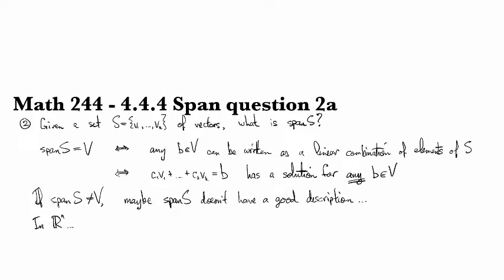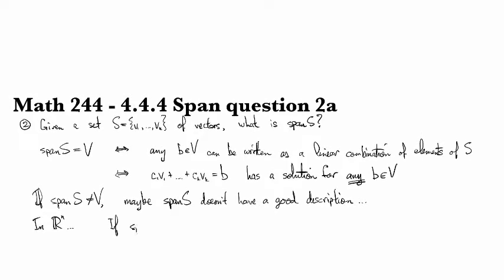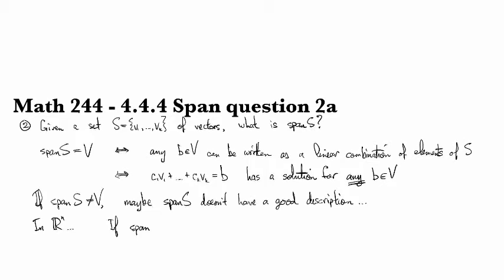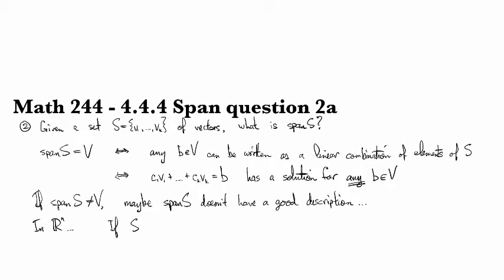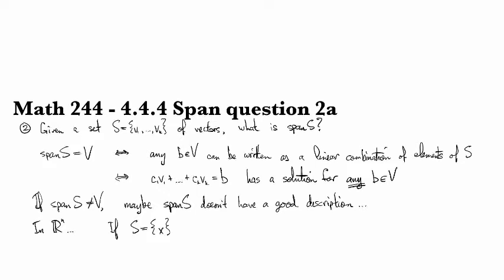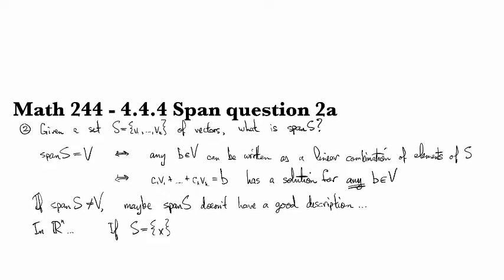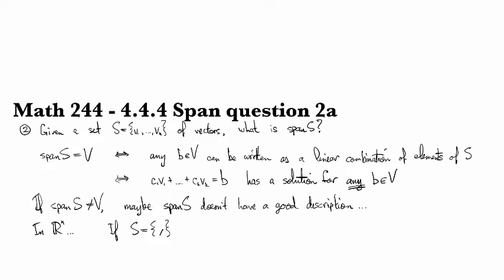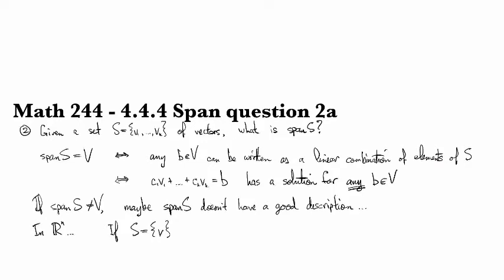So, for example, if we're looking at just a single element set. So if S just has one vector, actually here let's stick with calling them V's. So I'll call this guy V1.